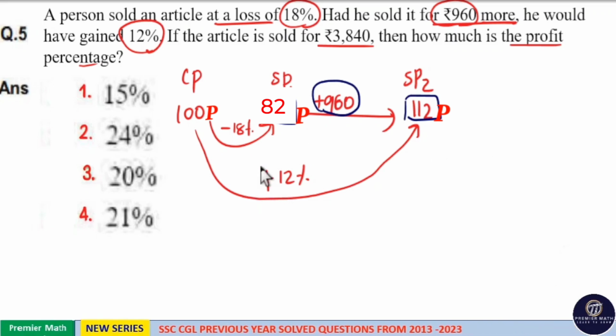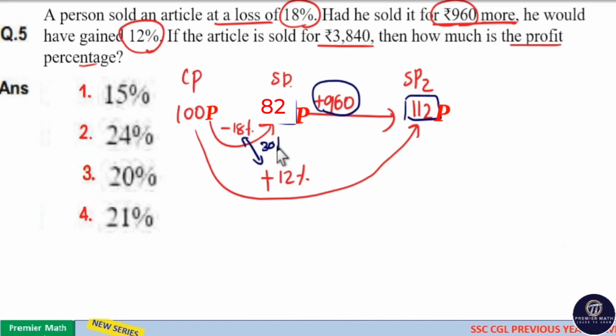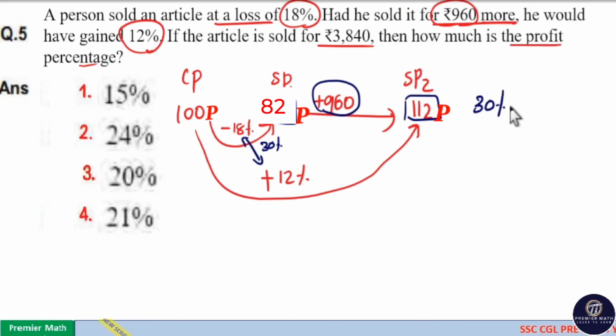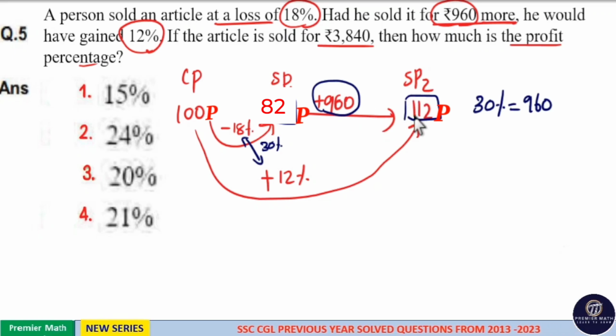So 12% profit and 18% loss. Difference is equal to 30%. 12 plus 18 is 30%, which means this 30% is same as this 960 rupees, because second sell price is at 12% profit, first sell price is at 18% loss, which means second sell price minus first sell price is 960, which is equal to 30%.